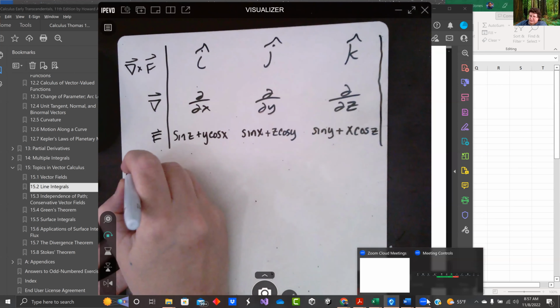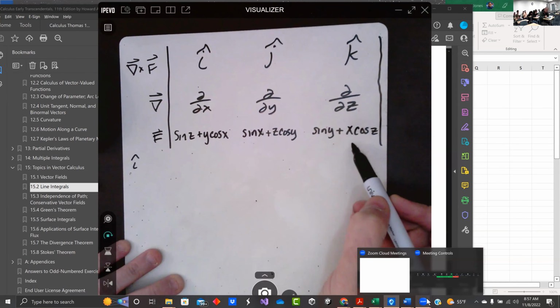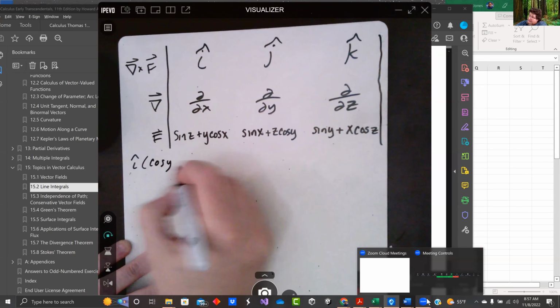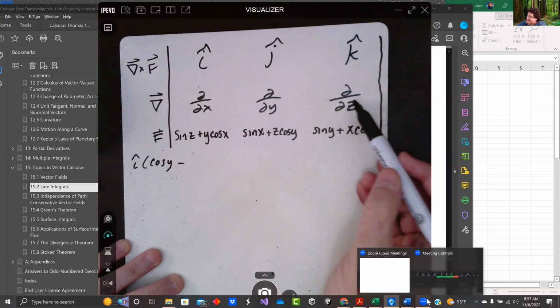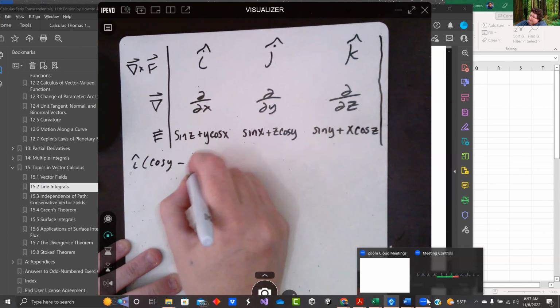So let's figure out, we got 3 minutes, we can do it. What's the i component? ddy of this is just cosine y, minus ddz of this is also just cosine y.